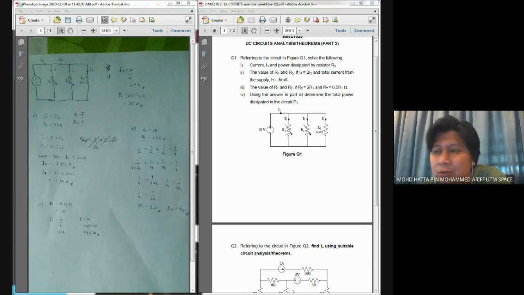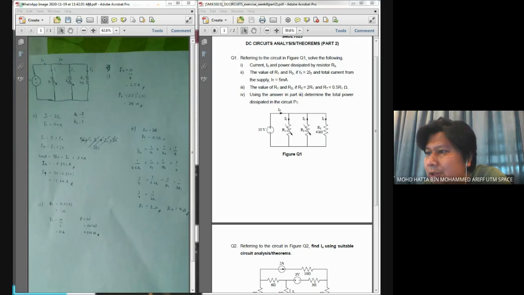Should include positive, and so should include milli over there. The answer for the first one also should be 0.83 milliampere. If you look at the direction of the current, the value should be a positive value.